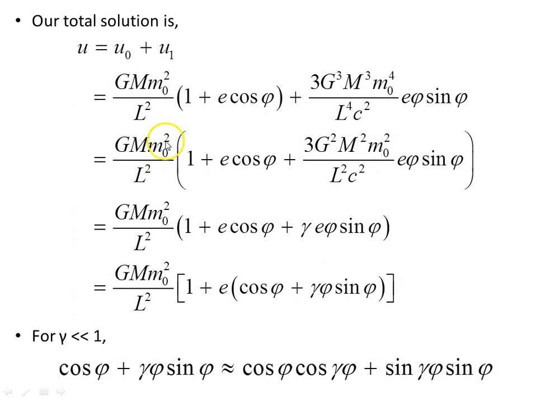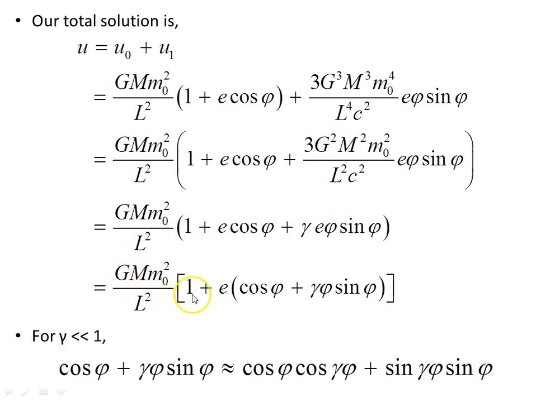Remember there's an m0 squared here, times m0 squared here gives us m0 to the 4, l squared times l squared, l to the 4, and so on. When we simplify this a bit, we'll call this series of constants gamma. We'll leave the e, the eccentricity, there, and gamma appears down here, so it's looking a little bit simpler now.